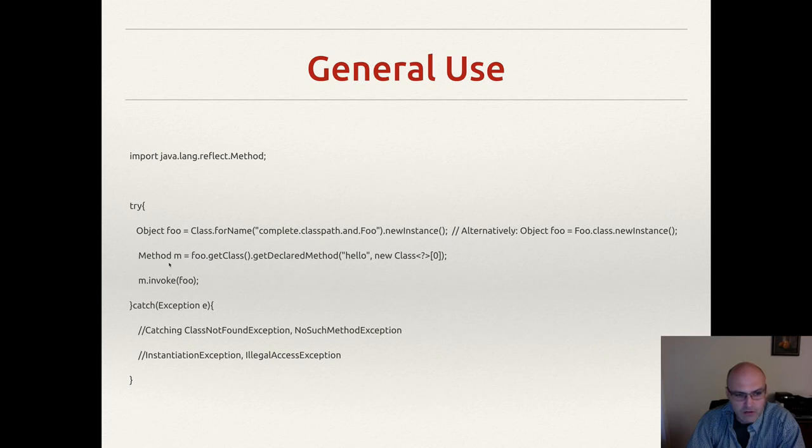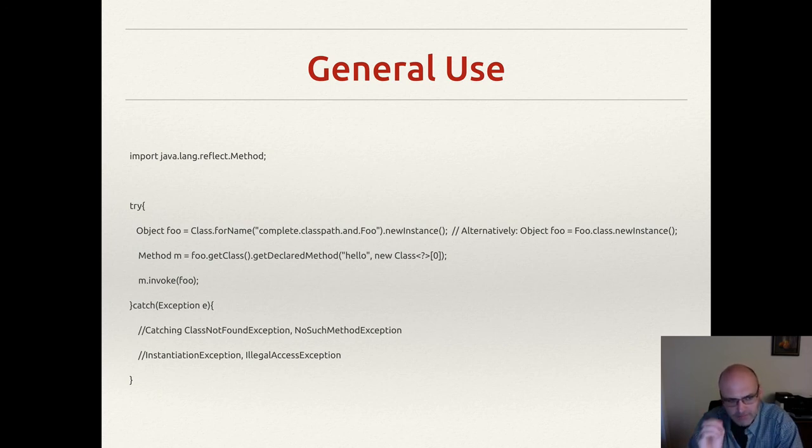And now what we're going to do down here is actually call that method. So remember, this m is a reference to an actual method in a class. It's the definition of the method, kind of like in JavaScript when you were going into the prototype and looking at the definition of a method, right?